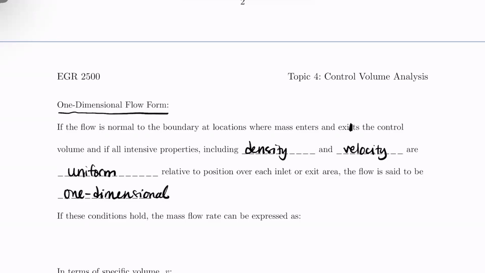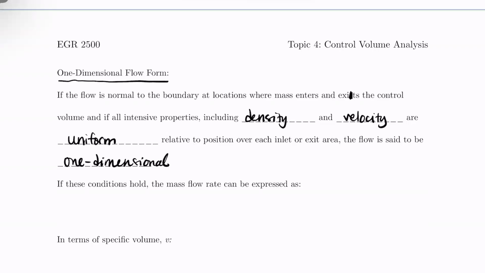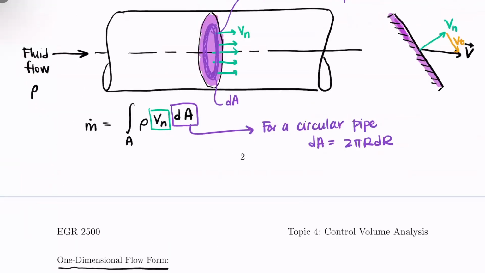If this is the case, then we can write m dot is equal to rho A V. With a one-dimensional velocity, we essentially end up with an integral that is just the integral of dA, which is just A. We pull velocity out of that integral and then integrate dA and get A.